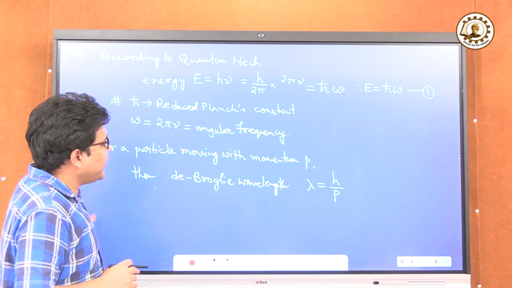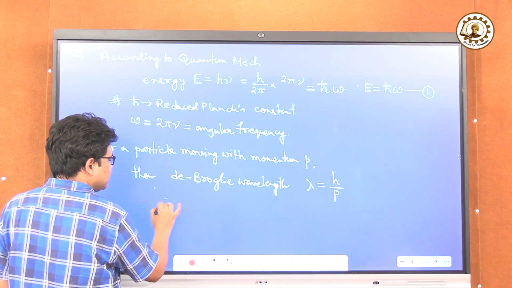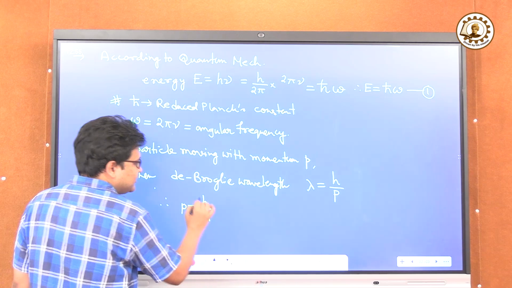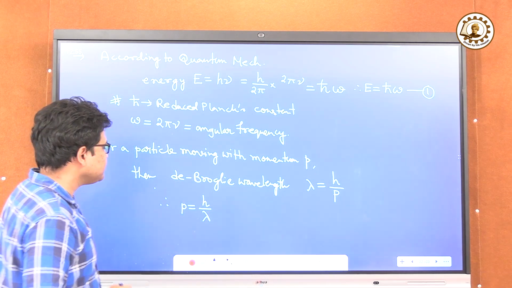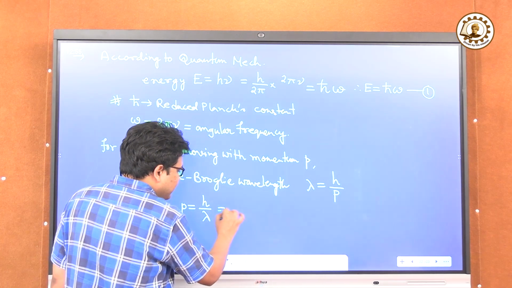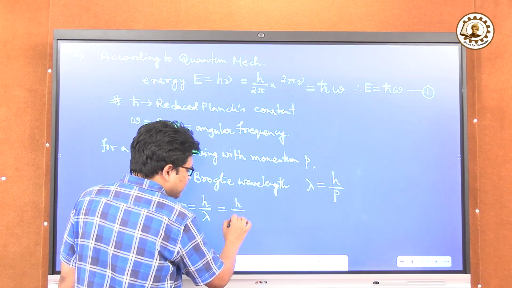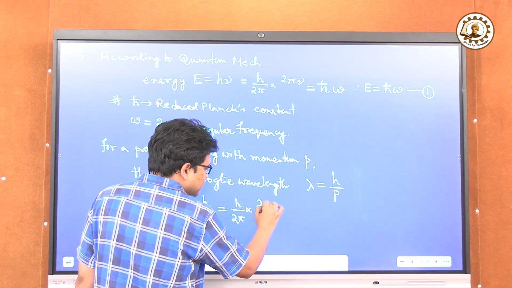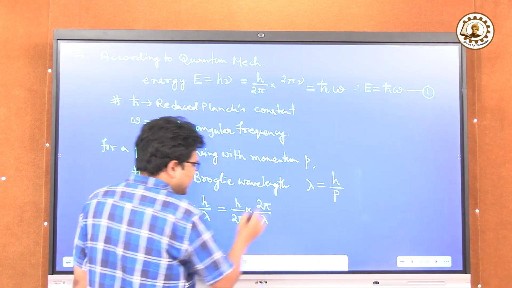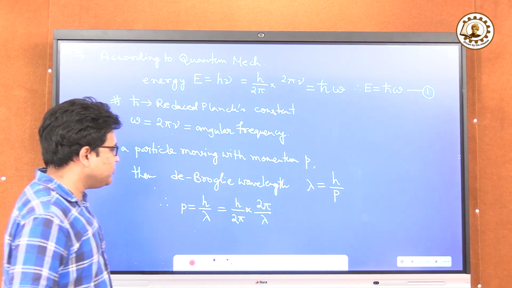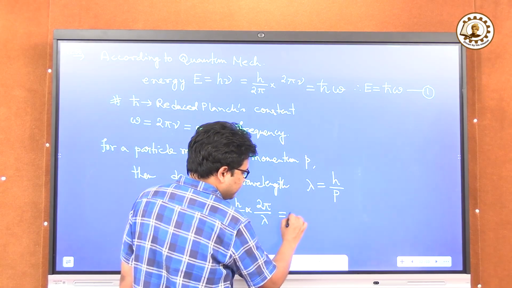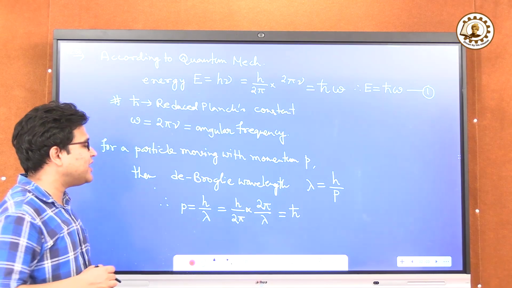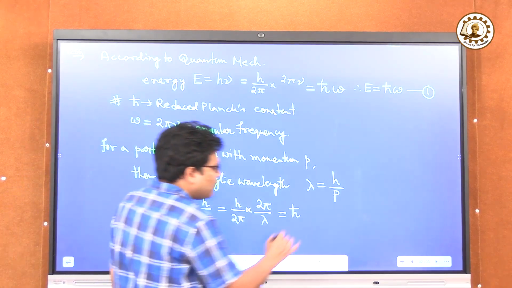So here I can write p equals h by lambda. Now h by lambda can also be written as h by 2 pi into 2 pi by lambda. Now h by 2 pi, as I have already mentioned, is the reduced Planck's constant, and 2 pi by lambda is k.